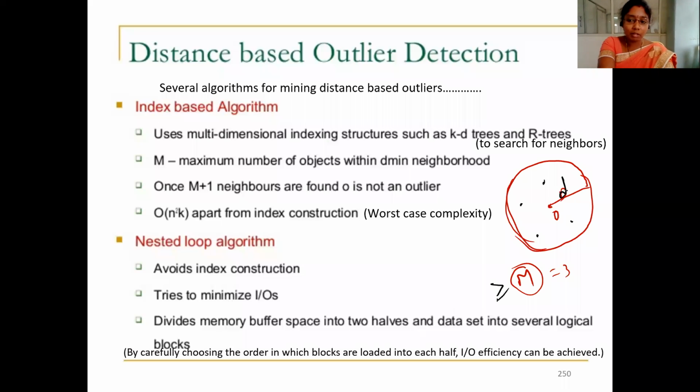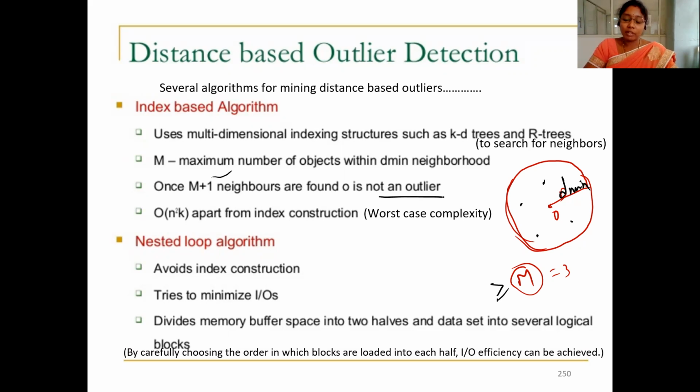If only m objects are there, or maximum m objects are there, then that is an outlier. Once m plus 1 neighbors are found, that means more than m objects are there within this neighborhood, then this is not an outlier. So the maximum boundary is m. If more than that exists, that is not an outlier.